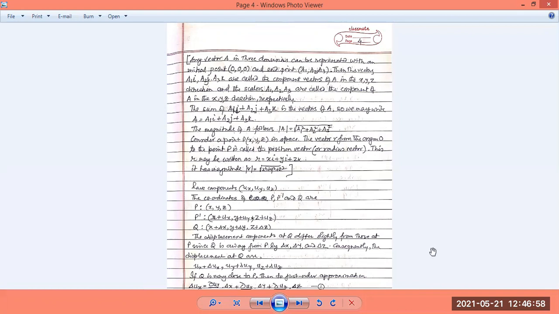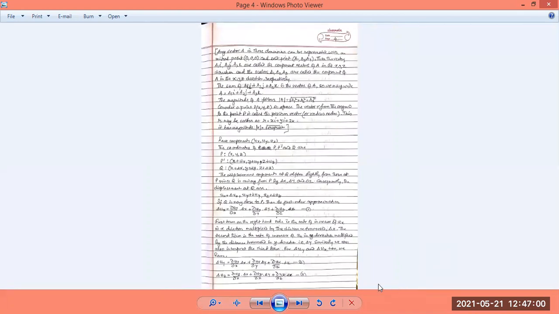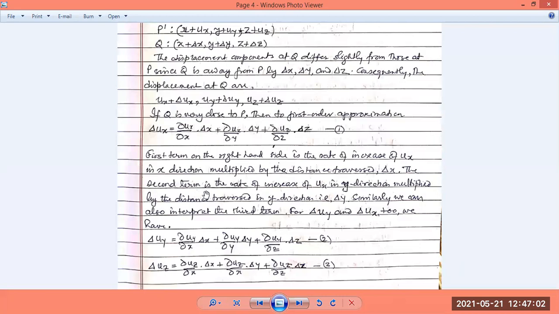So if Q is very close to P, then by first-order approximation, what will be delta ux? It is the rate of change of ux along the x direction multiplied by delta x. Originally the difference was here, ux plus delta ux.